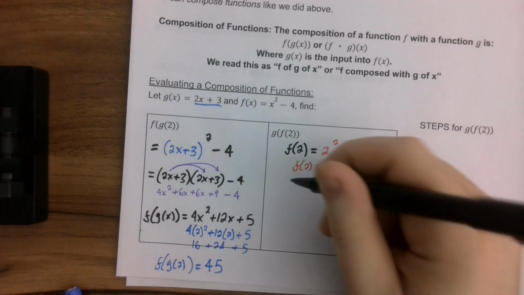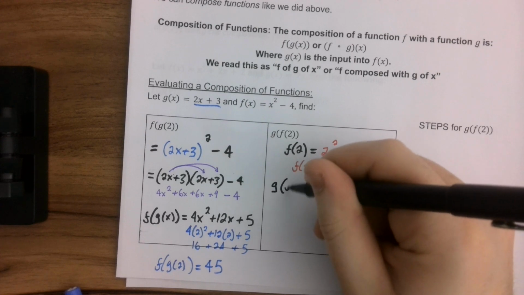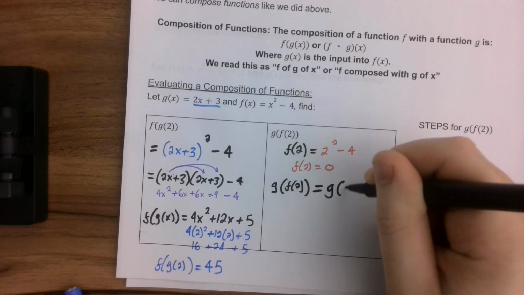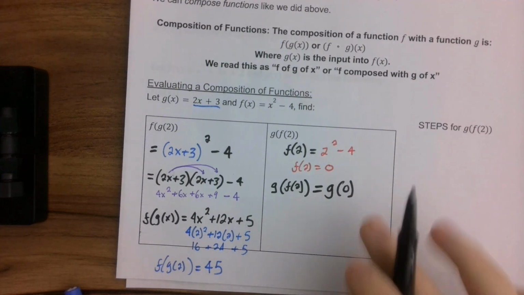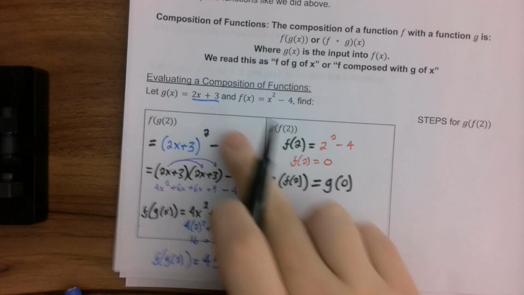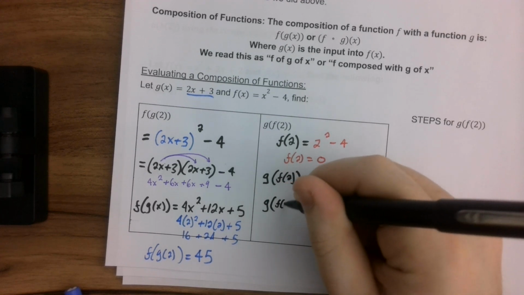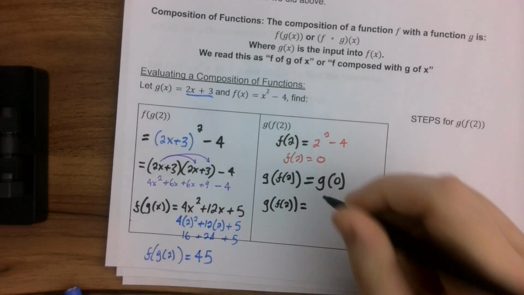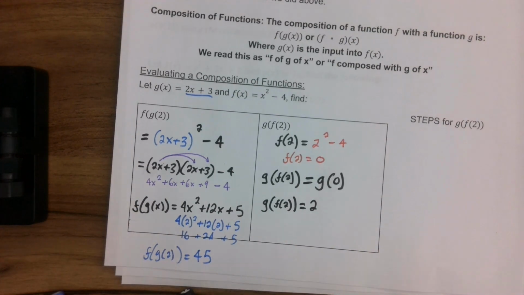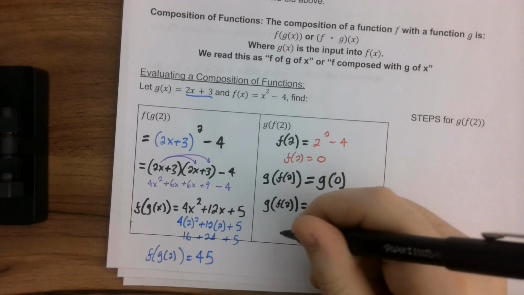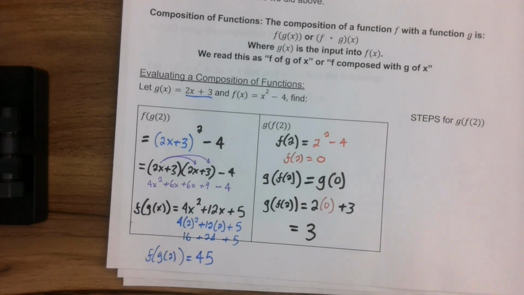So when we're doing g of f of 2, that's just the same as g of 0. To do this, we can just plug in 0 for x. We would get that g of f of 2 equals 2 times that 0 we got, plus 3. And that's just 3.